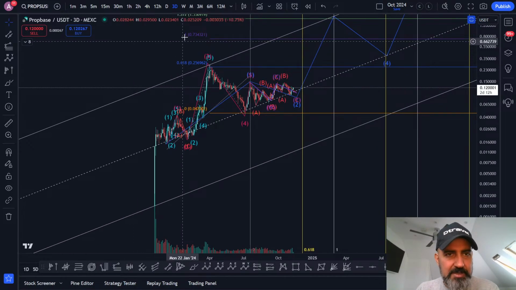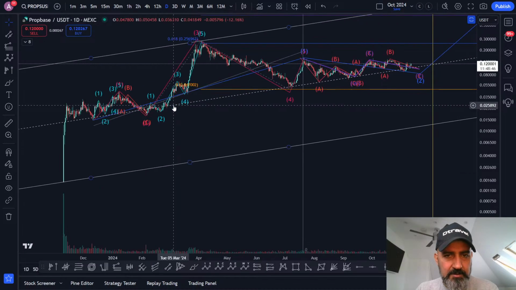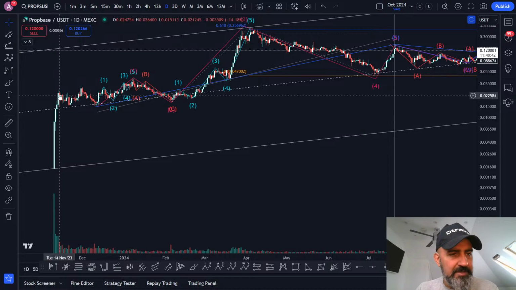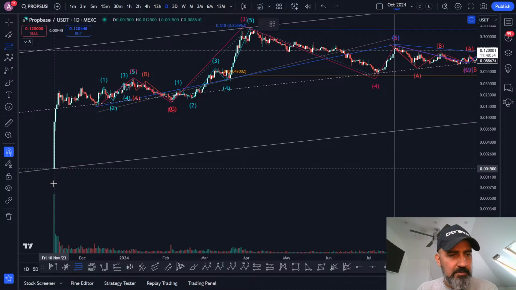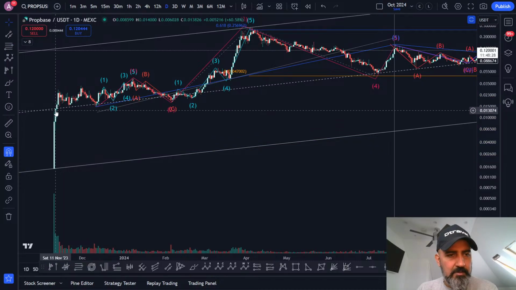I'm looking at the 3-day chart here. If I go back to the daily, I could take the first day candle here, or the first expansive move here, and do a fib retracement. No, do it the other way.